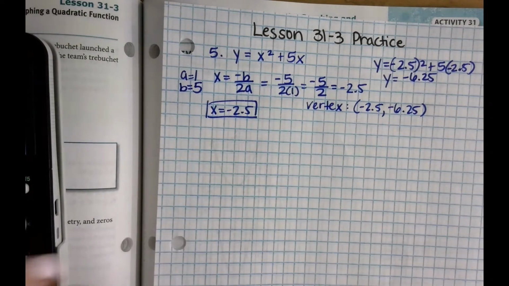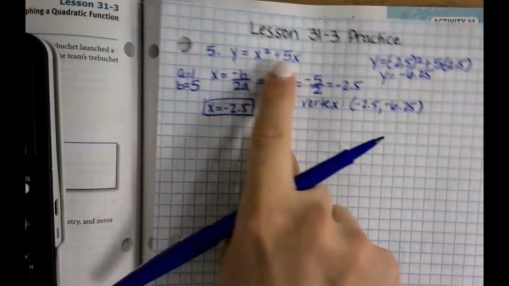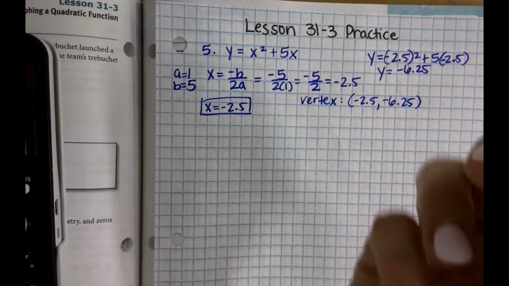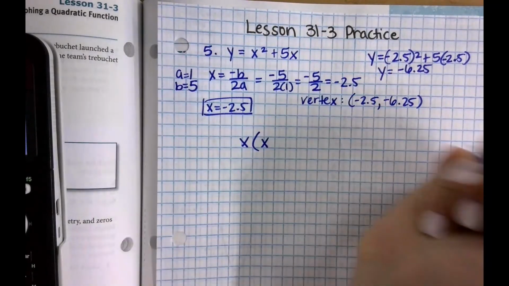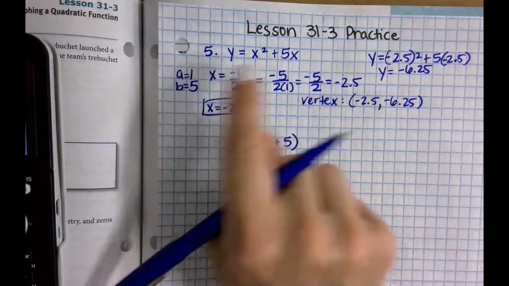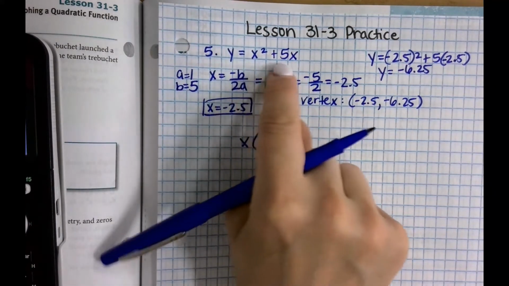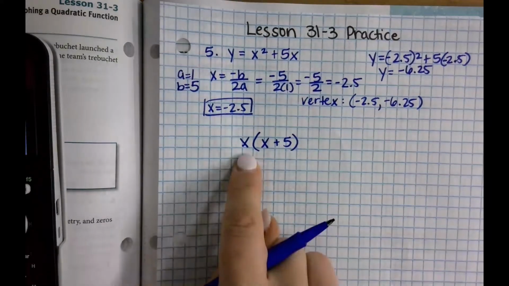So x squared plus 5x, I know I can factor out x. So I would put x on the outside, x divided by x, and 5x divided by x is plus 5. So usually when you're missing the c value, if you just have your ax squared plus bx terms, then you want to factor out a greatest common factor.